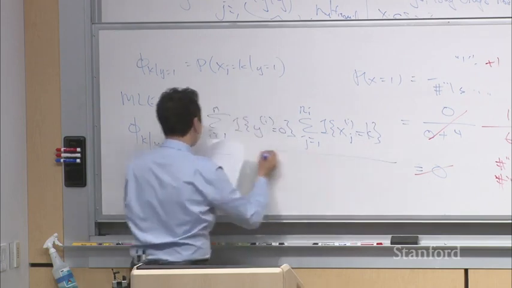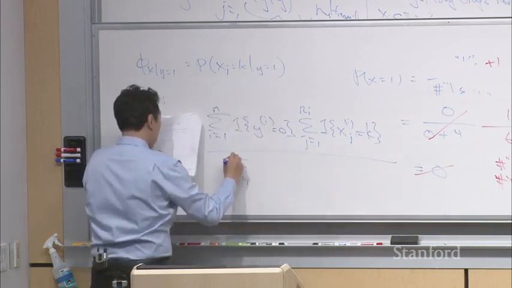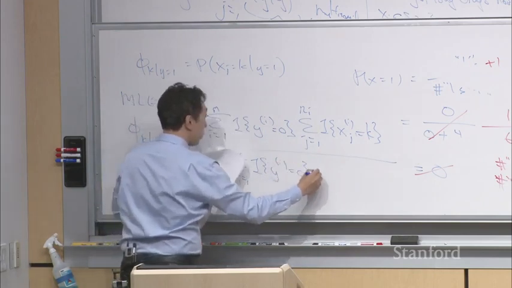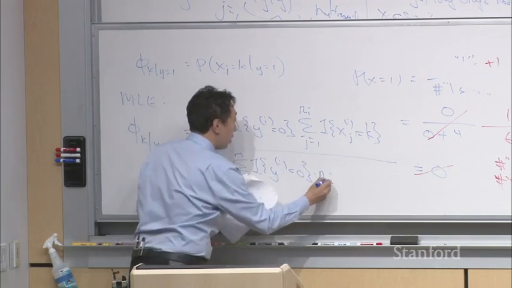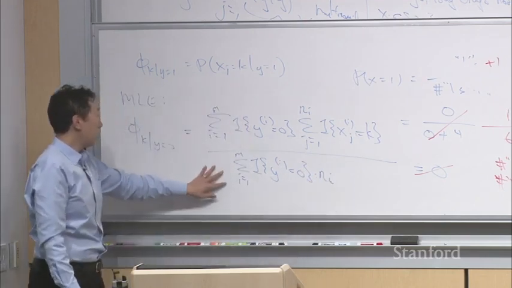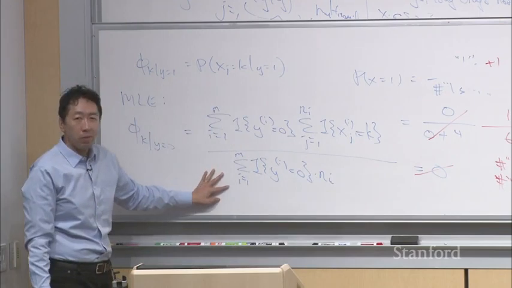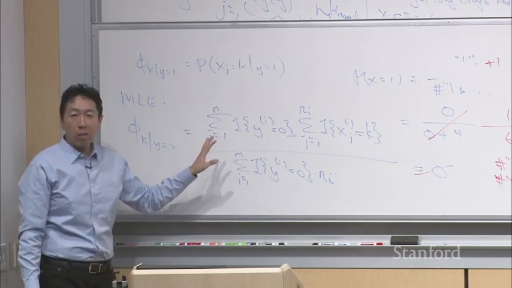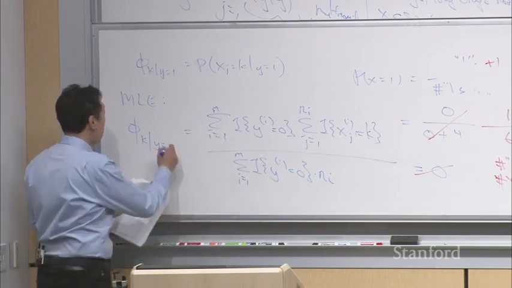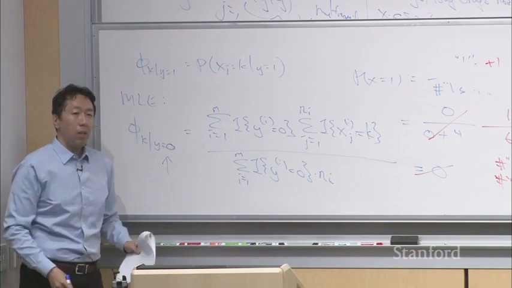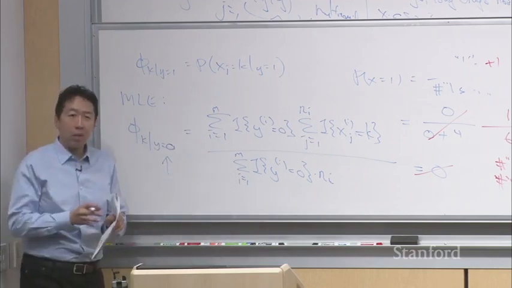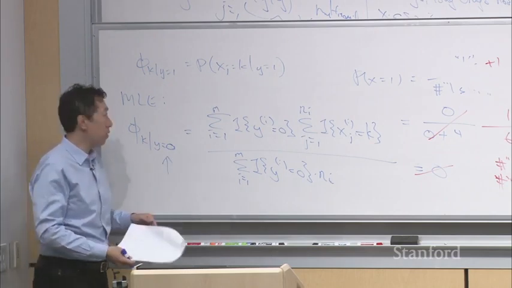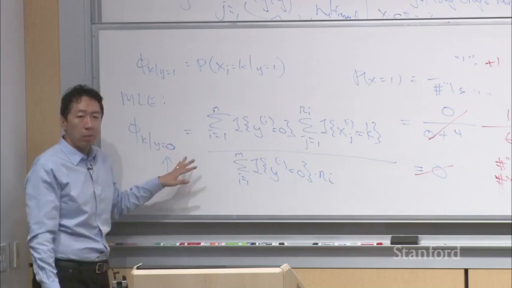I find that this indicator function notation looks complex, so I'll say what it actually means. If you figure out the English meaning of this complicated formula, it basically says: look at all the words in all of your non-spam emails, all the emails with y equals 0, and of all of those words, what fraction of those words is the word drugs? And that's your estimate of the chance of the word drugs appearing in a non-spam email in some position in that email, right?